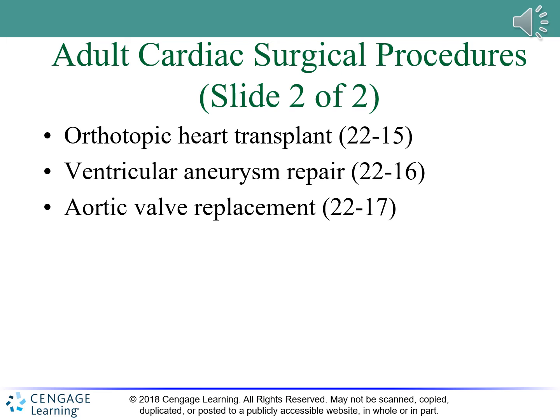Next bullet, infiltrative cardiomyopathy results in the deposition of abnormal substances in the myocardium, as may occur in amyloidosis. Next bullet, cardiomyopathies are incurable. Currently, the best treatment is heart transplantation.